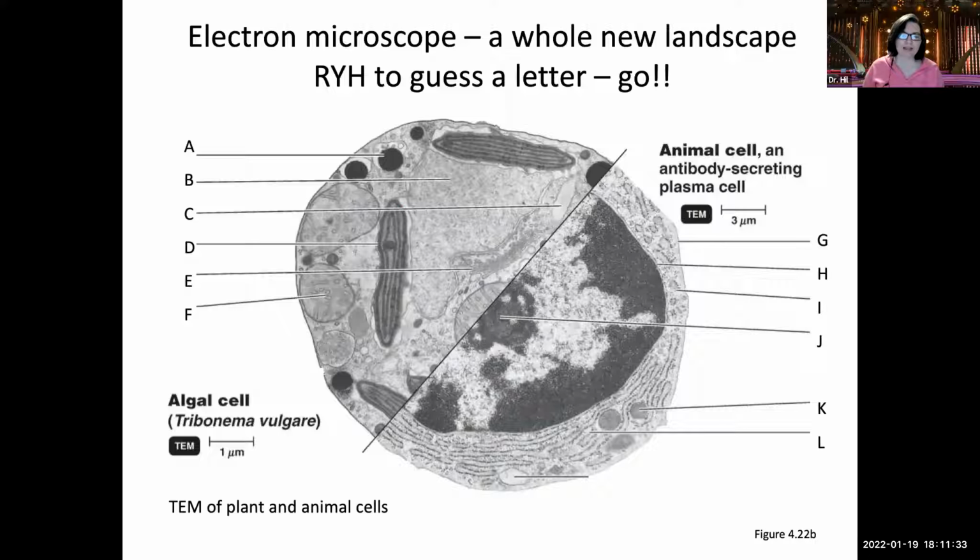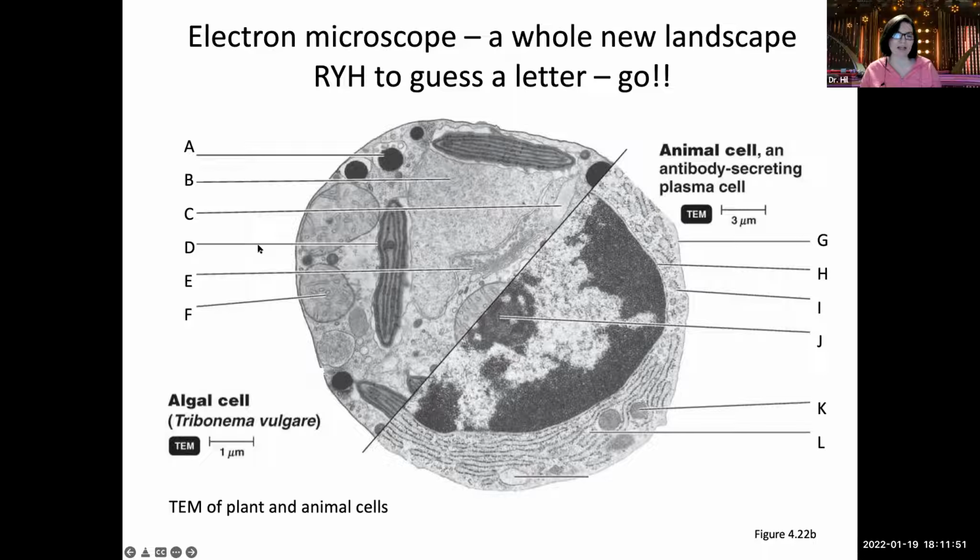Okay, now this, again, you don't have to memorize what I'm about to show you here either, but this shows us what an electron microscope reveals about either animal cells, in this case a cell in a human, or plant cells. And so we see all these beautiful structures.